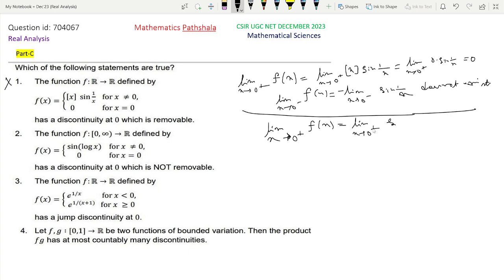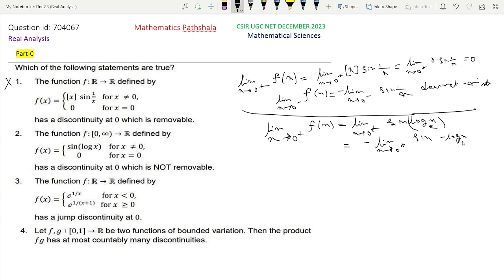So this is sin(log x). As x tends to 0 plus, log x is negative, so we can write it with a minus sign, and as sin(-x) equals minus sin x, we can write this as minus sin(-log x).